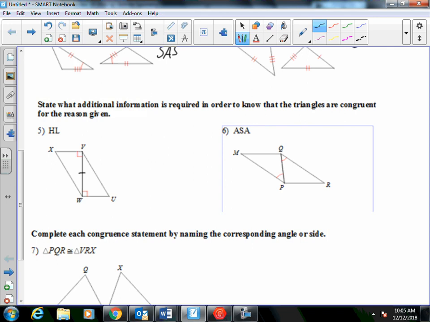So what the question is asking us is, what other piece that we can't prove is congruent just by looking at it would we have to know is congruent? So in this case, if we're doing hypotenuse leg, VW here is a leg, it's not the hypotenuse. So the other piece of information we would need is the H, right, the hypotenuse. So XW would have to be congruent to UV.